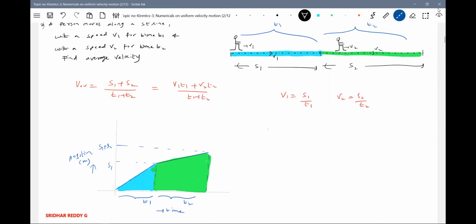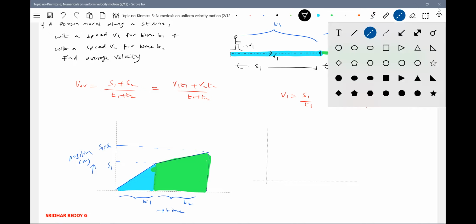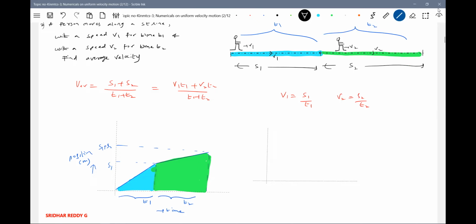What is there in that one? So if I plot this, it will move with a velocity, first a horizontal line.